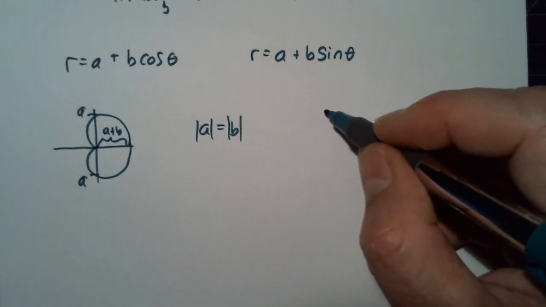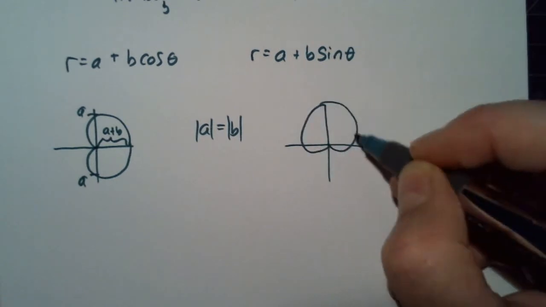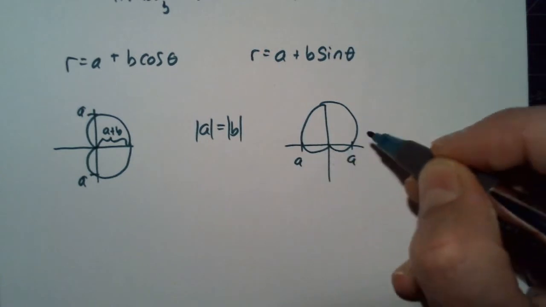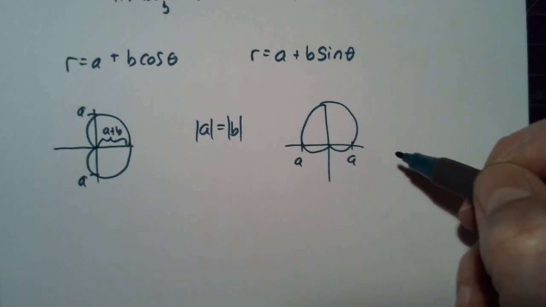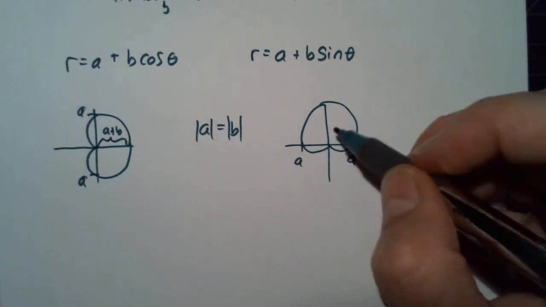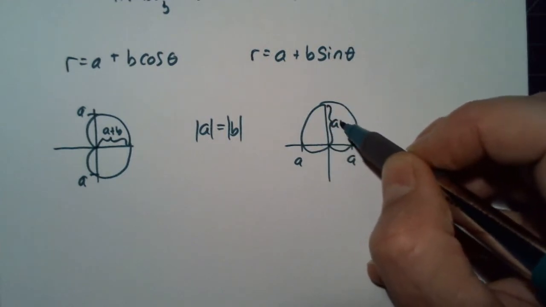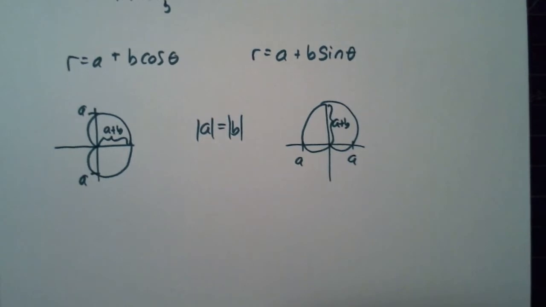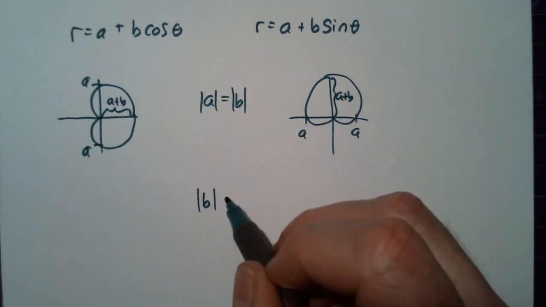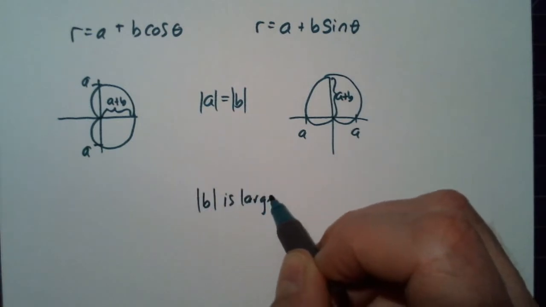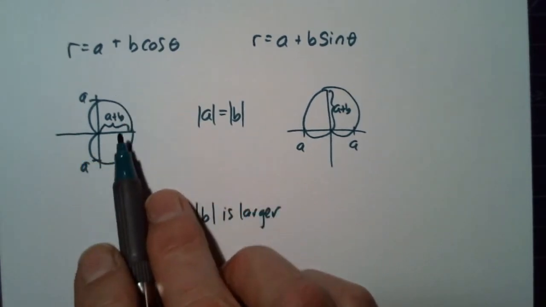If we have sine theta, it'll just go this way, where that is A, that is A. Let's just say the distance A, I guess we say the radius is A. And that is A plus B. If B is larger than A, so we have this being larger, that's going to make a loop on the inside.